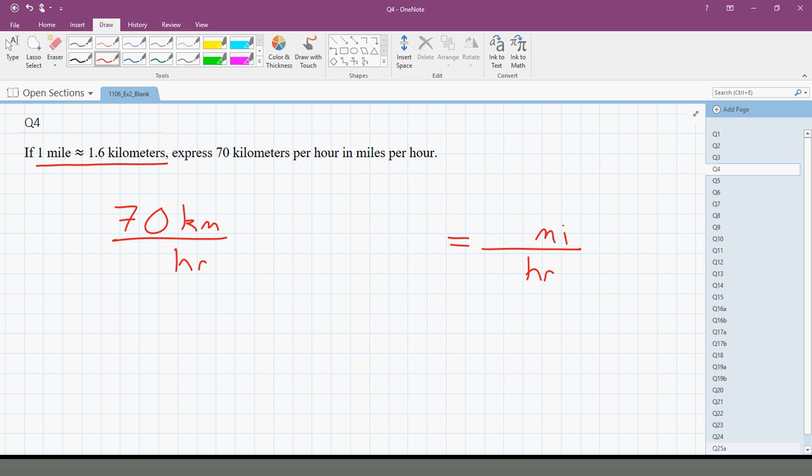So really, who are we changing? Well, we're changing the kilometers. Yeah, we just want to change the kilometers. Don't worry about the hours. The hours doesn't do anything. Just use your conversion that you have right here and change kilometers to miles. So what are we going to multiply by? What over what?